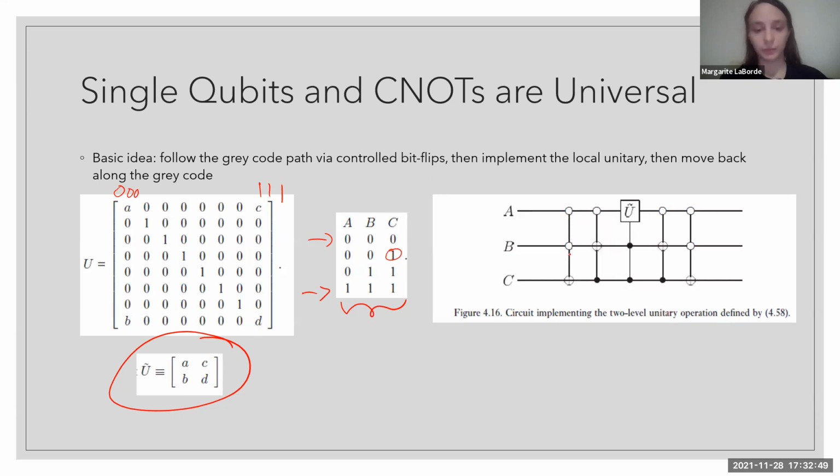And then we want to swap this second digit, so that corresponds to a 0 here and a 1 here. And then we want to do the unitary when they're all 1. So condition on this being 1 and this being 1, do a unitary. And then you just undo it. You just do this backwards, right?